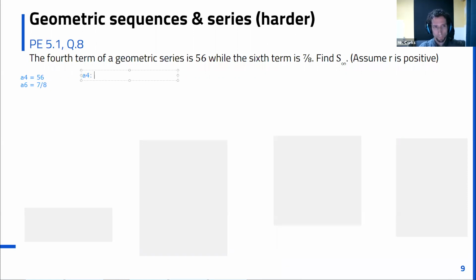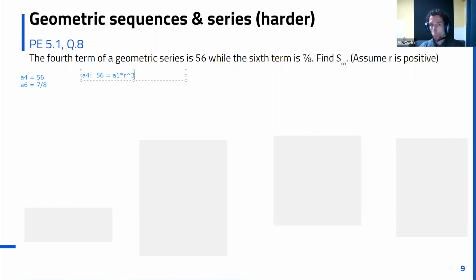For A4, we know that A4 is 56, so 56 is equal to A1 times R to what exponent? 4. Oh, I'm sorry, 3. 4 minus 1. So A1 times R to the exponent 3 will give us 56.